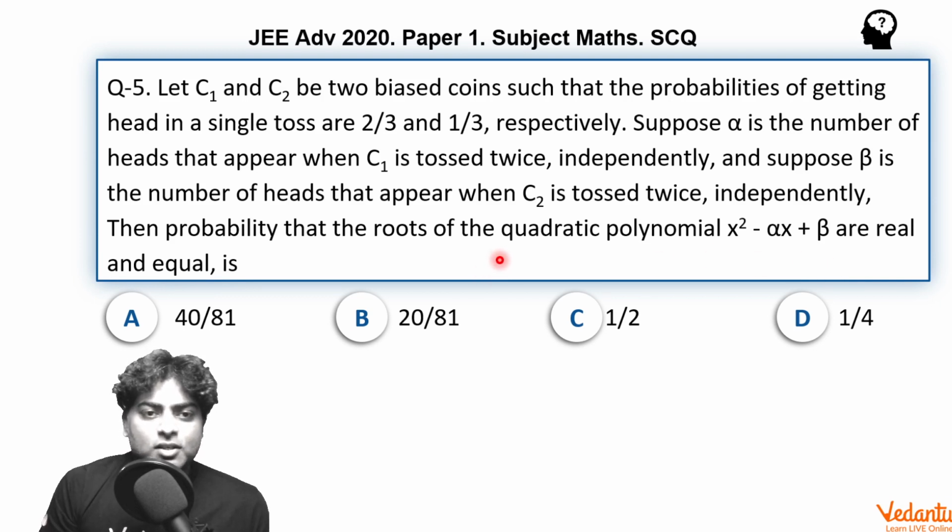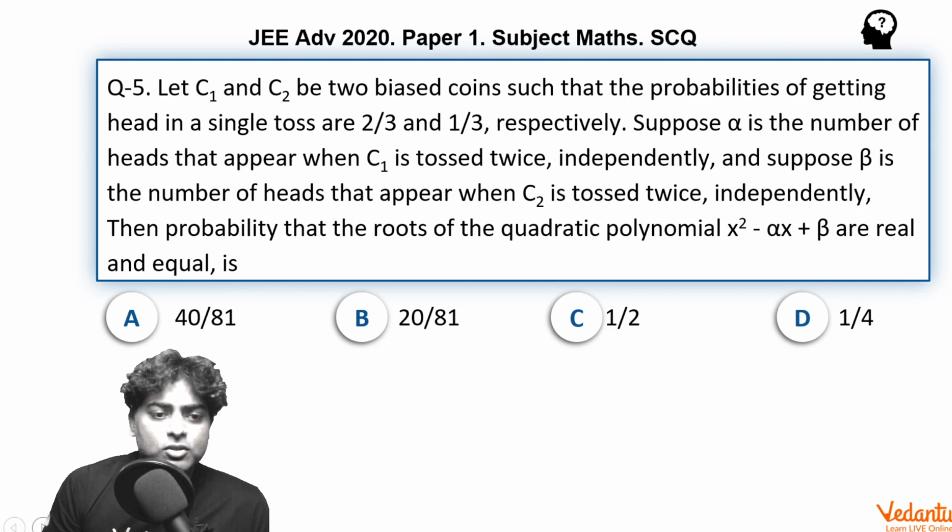So we'll find the probability for this quadratic to have equal real roots, meaning discriminant 0, meaning alpha square minus 4 beta equal to 0, so alpha square is equal to 4 beta, isn't it, everyone? So we have to find the probability for alpha square to be equal to 4 beta.